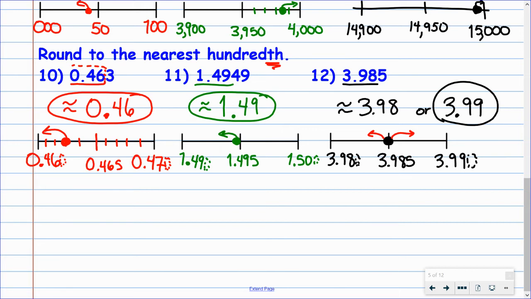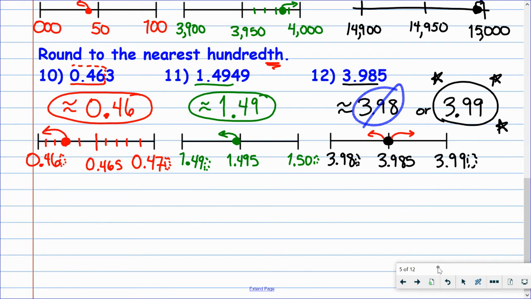Those rhymes are there to help little kids with their number sense, but we should understand number. And if our goal is to round this, they're both the same distance away. Either answer should be acceptable. Fair warning, most computer programs like IXL or Khan Academy will count this problem wrong if you round down, which is ludicrous. Computers, of course, do whatever they're programmed to do, so that is just poor programming in my opinion.